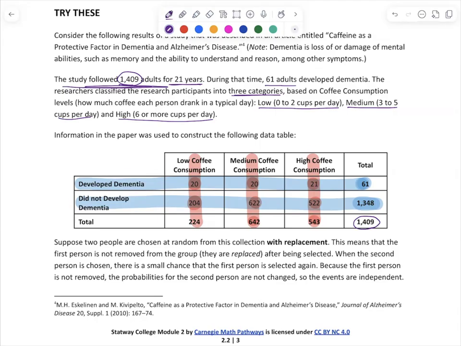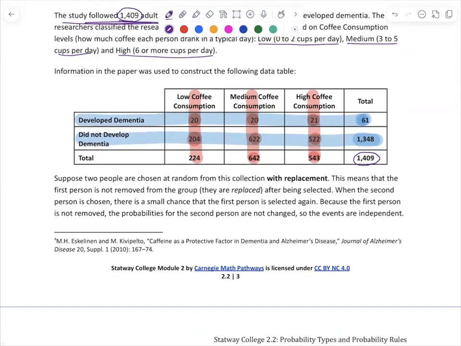Suppose two people are selected at random, and it is with replacement. What's the meaning of with replacement? It means that the first person is not removed from the group, they are just replaced after being selected. When the second person is selected, there is a small chance that the first person is also selected again.